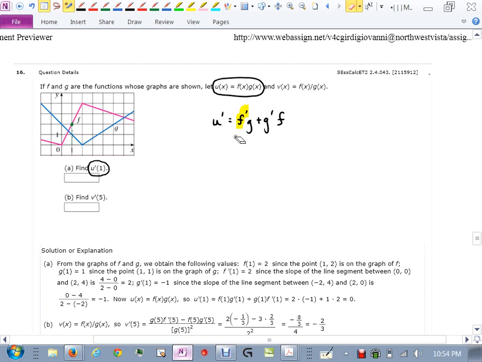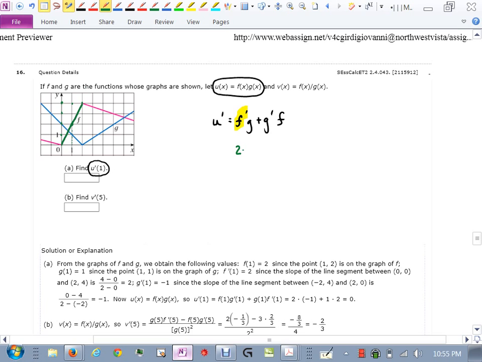That means the slope of the tangent line. So I need to find the slope of this line. Slope of this line is rise over run. So 1, 2, 3, 4, rise, 1, 2, run. So that has a slope of 4 over 2, which is 2.